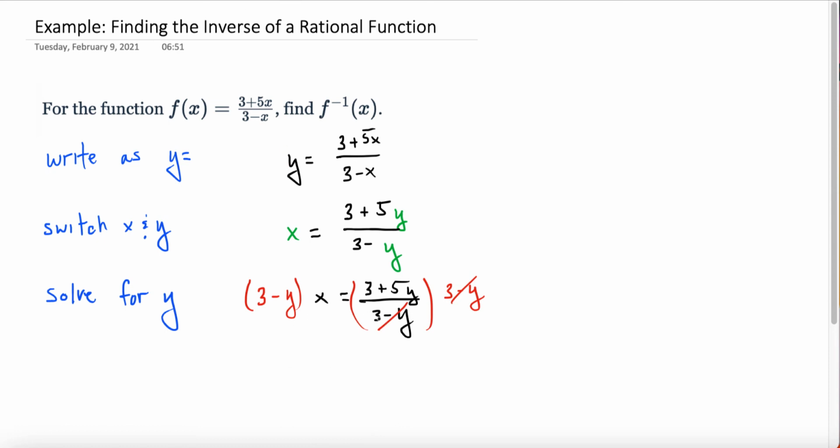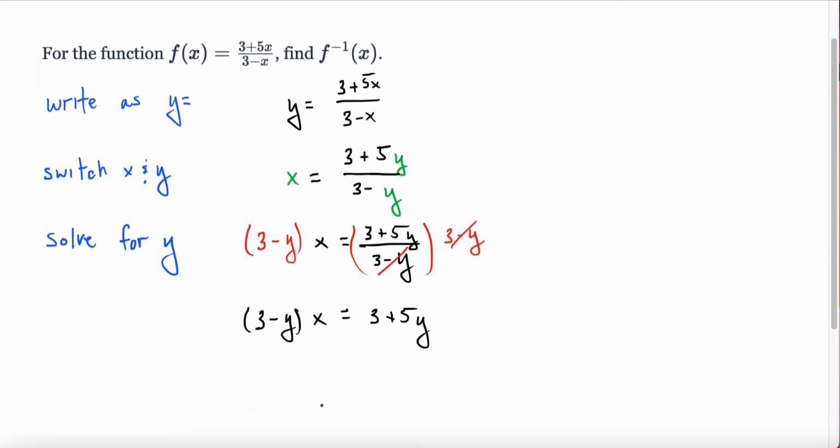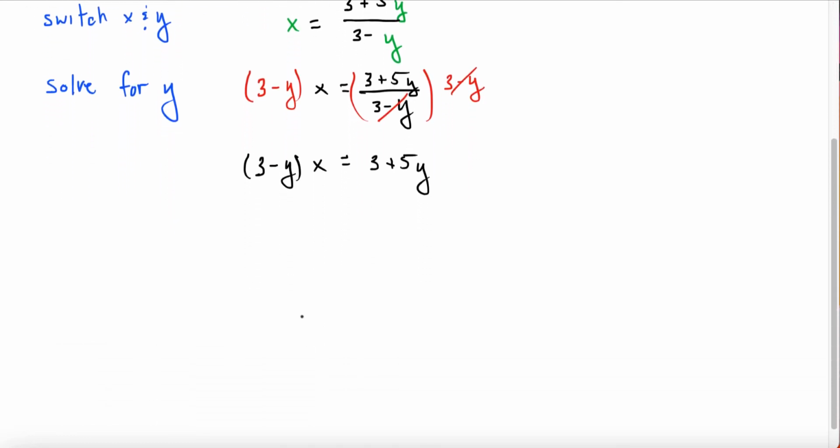So again, if we have a denominator and we want to get rid of it, we multiply both sides by the denominator, and you'll see we end up with 3 minus y times x equals 3 plus 5y, and now we don't have any terms in a denominator. We just have some linear terms here. Now you're still probably going, well, how am I getting these y's together?